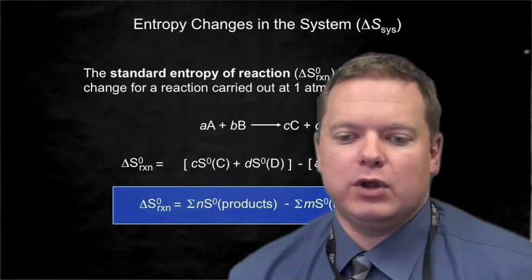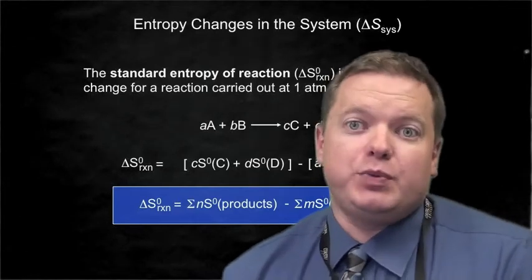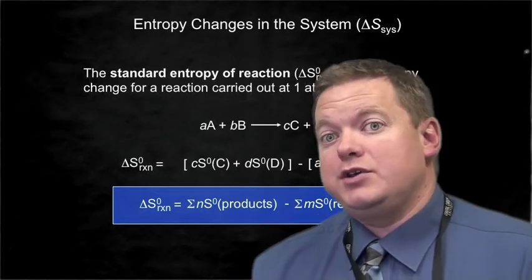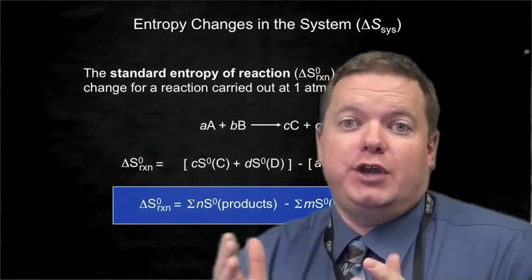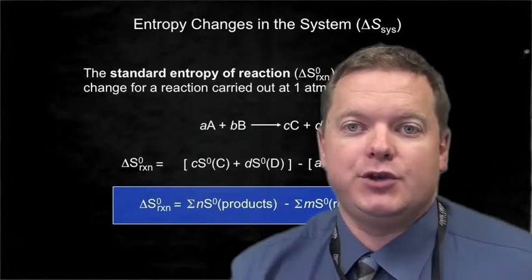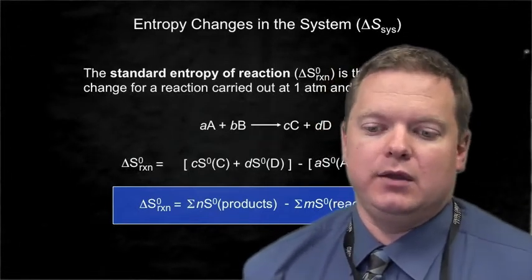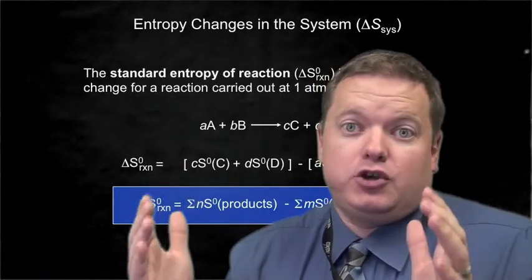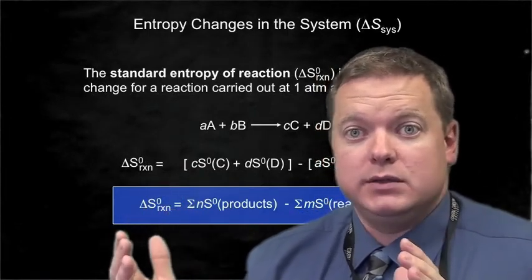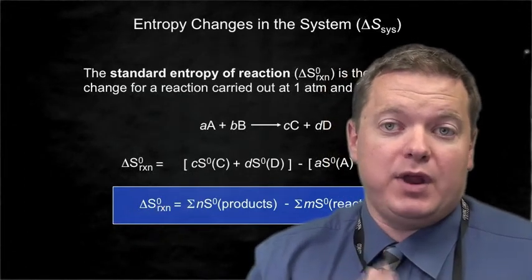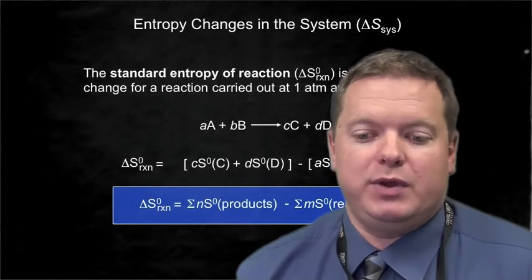Since entropy is a state function, just like any other state function, the change in entropy can be calculated by the entropy at the final state minus the entropy at the initial state. So if we're doing a chemical reaction, the sum of the entropy present in the products minus the sum of the entropy in the reactants is going to be the change in entropy that occurs.